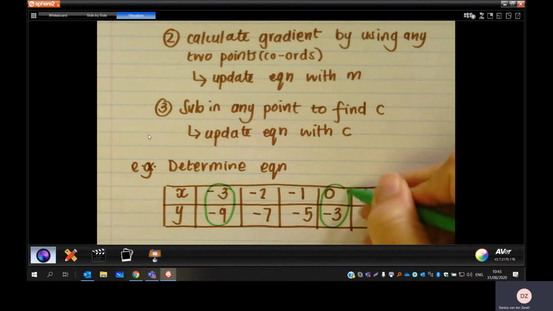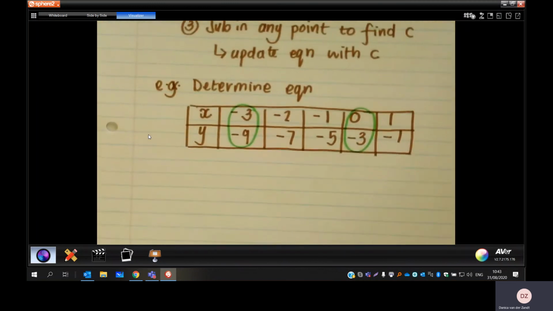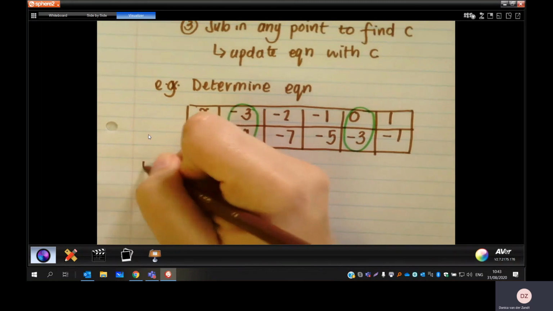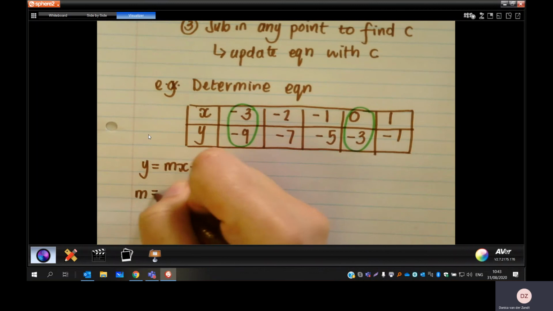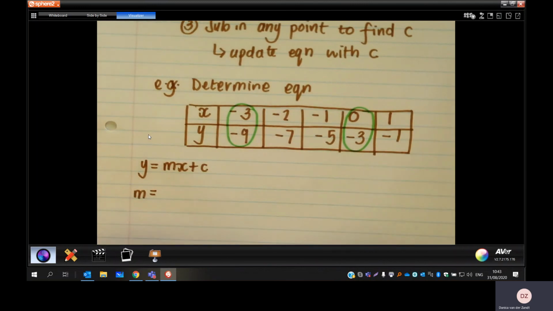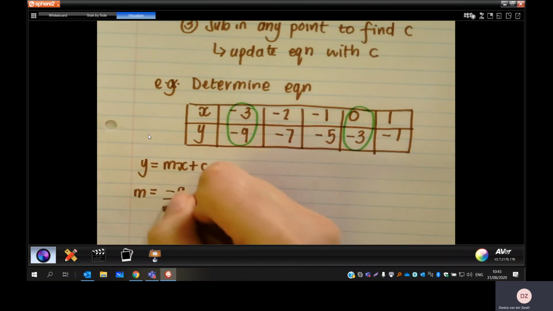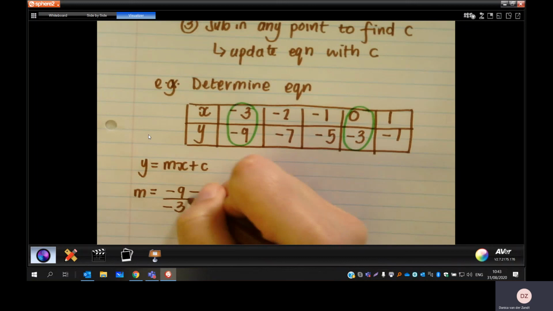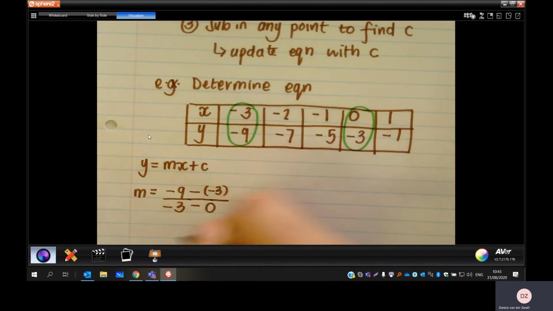0 and -3. So I'm going to start the same way that it told me to, starting with y equals mx plus c. And then it told me to calculate my gradient by using any 2 points. And you can see I chose a point and Logan chose a point. So it's literally any 2 points. So I'm going to take -9 with its partner of -3, minus -3 from the second coordinate, and 0.